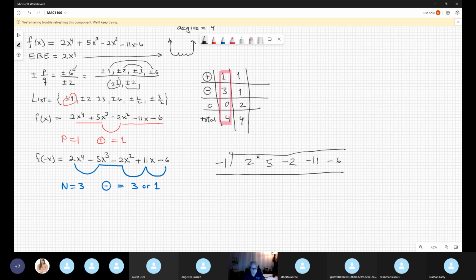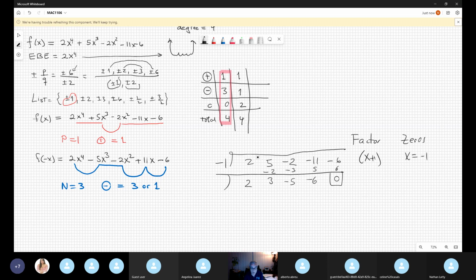I prove. How? Bring down 2. Multiplication, negative 2. Is 3. Multiplication is negative 3. Combine is negative 5. Multiplication is positive 5. Is negative 6. Multiplication is positive 6. Zero remainder, therefore the factor that we discovered, we proved, was x plus 1, opposite sign to this, and the zero is negative 1.